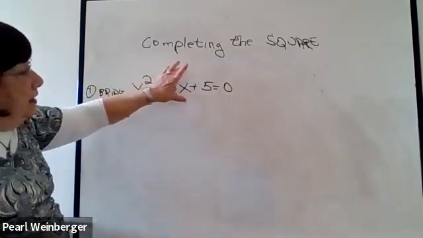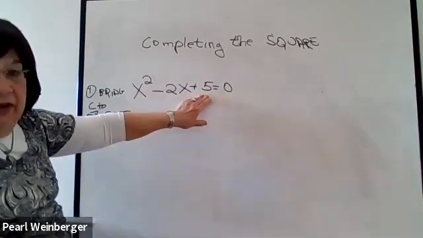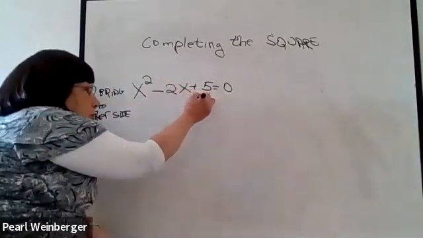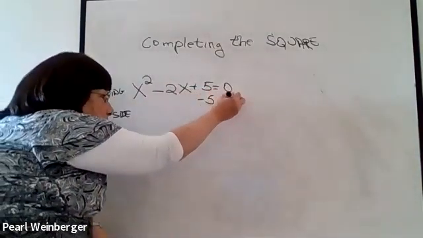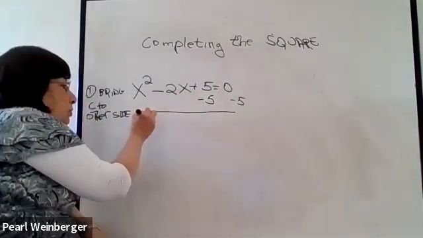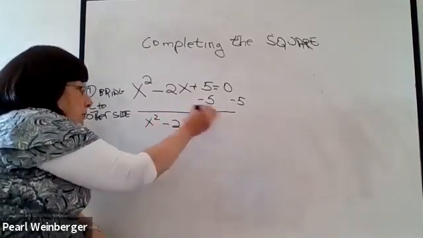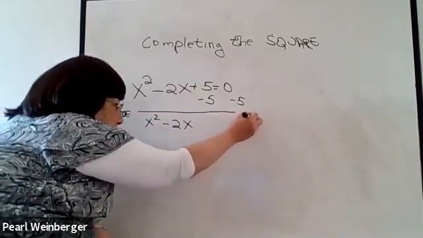You want the x's alone on one side and the number that doesn't have an x on the other side. So the first thing I'm going to do is bring this 5 to the other side, so that my equation becomes x squared minus 2x equals -5.